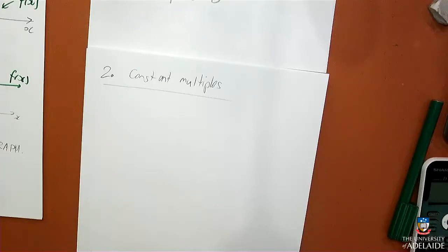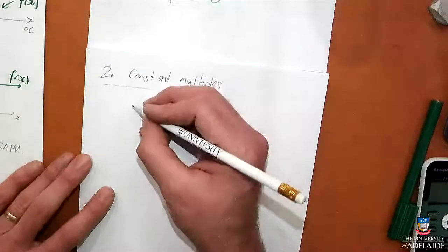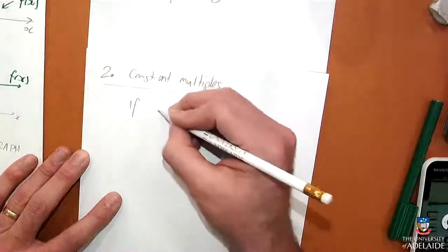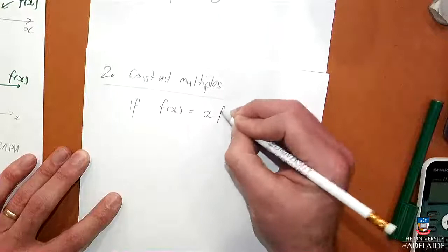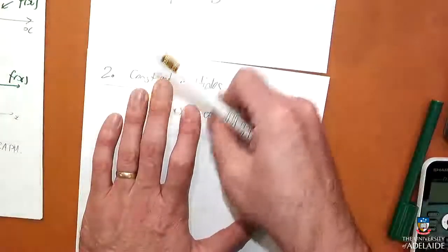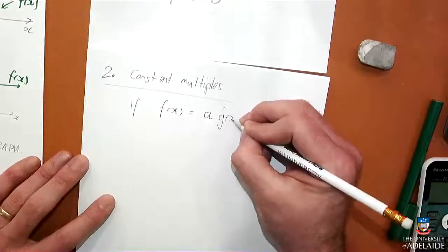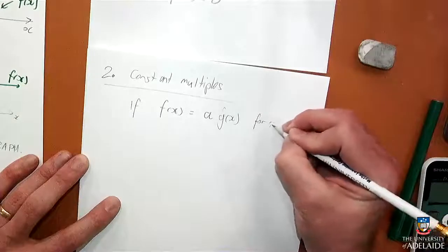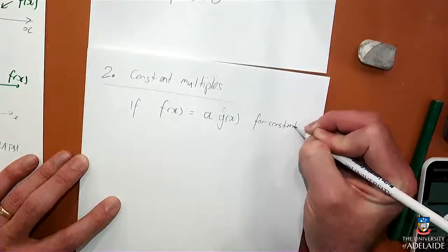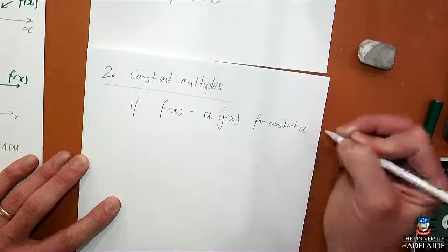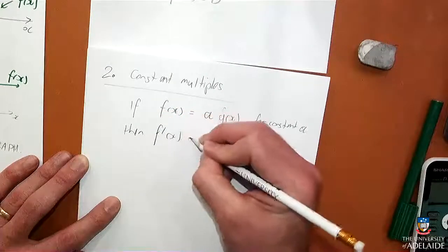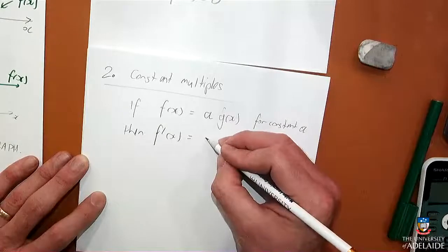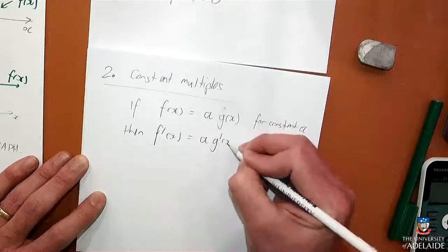Okay, so most people write it like this. If f of x is a constant times g of x, for constant a, then f dashed x is a times g dashed x.